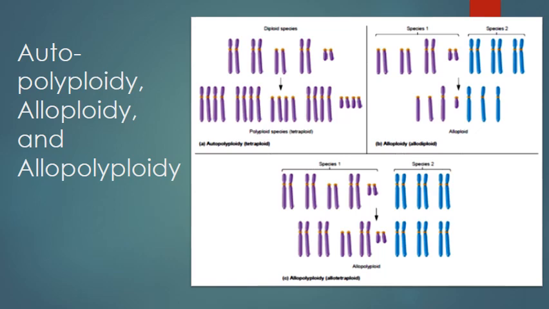An allopolyploid that has a set of chromosomes from two different species is called an allodiploid. This event is most likely to occur between species that are close evolutionary relatives. For example, closely related species of grass may interbreed to produce allodiploids.